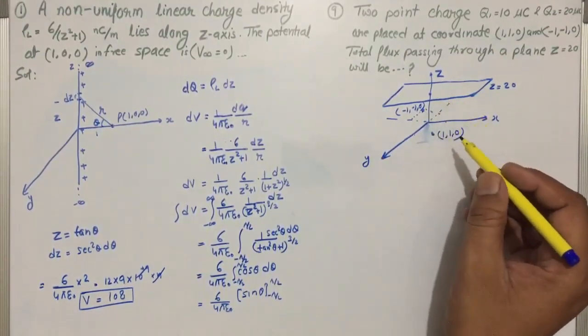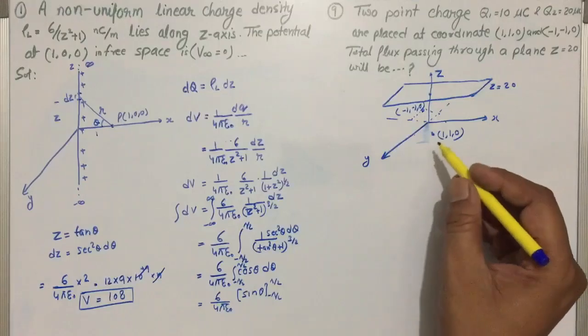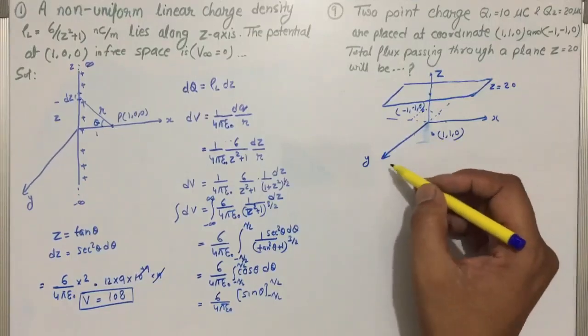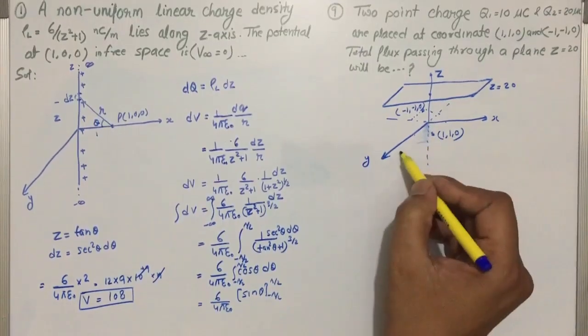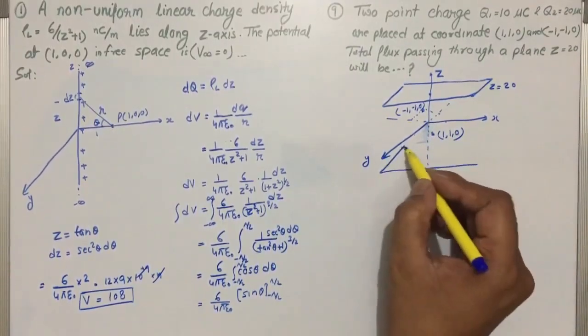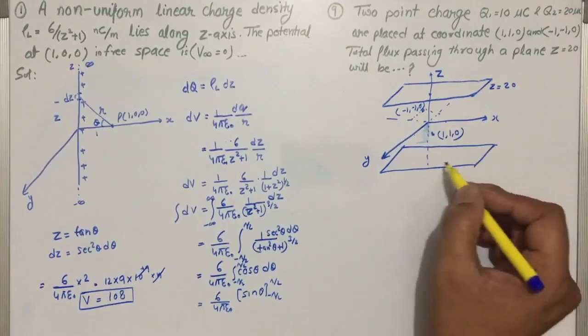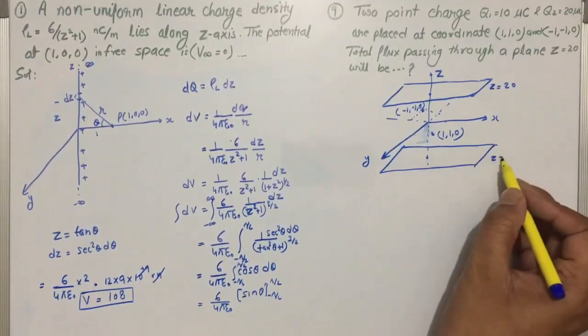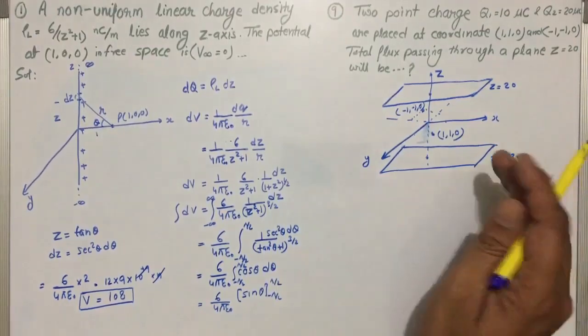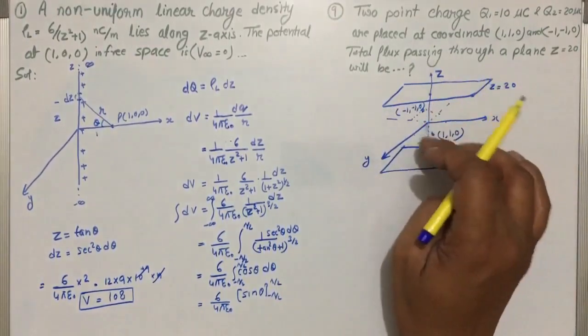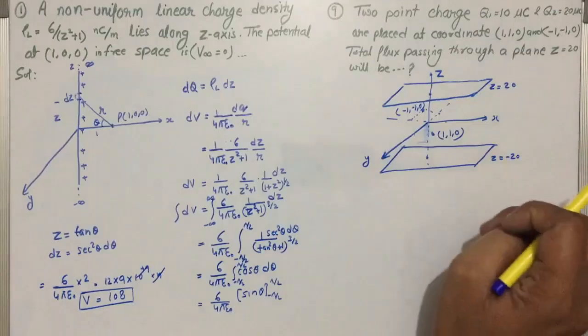If we make a Gaussian surface for that, then we can consider another infinite plane at z is equal to minus 20. These two planes enclose the full charge.